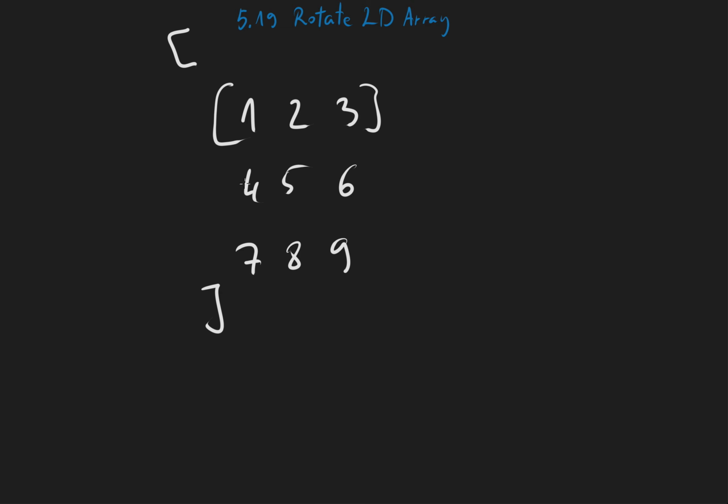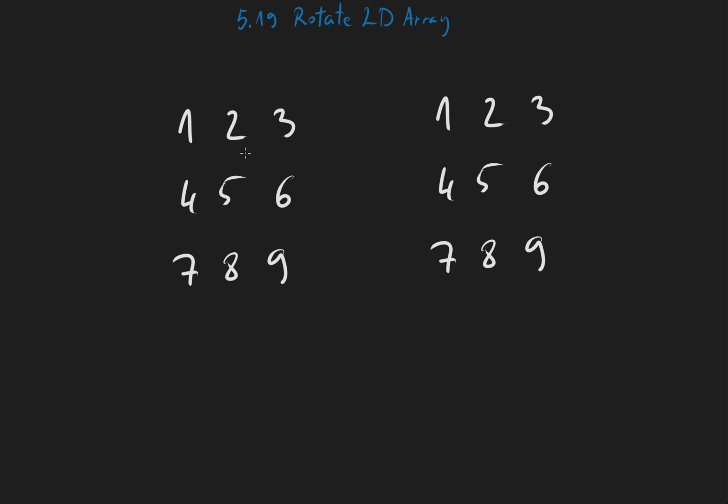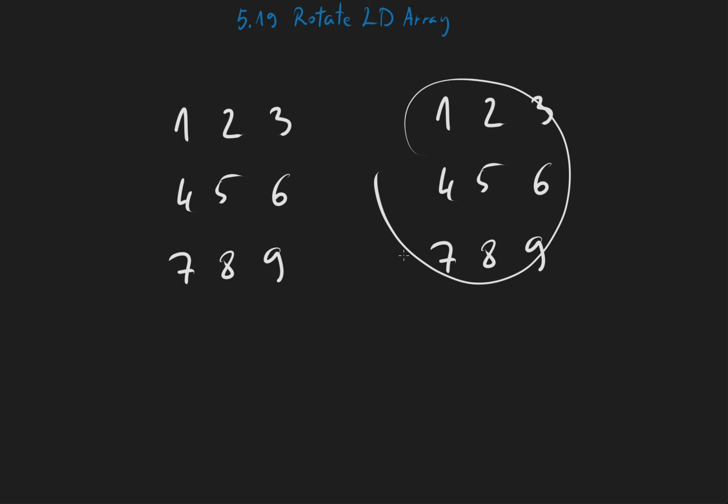So like this, right? And what we need to do is, let's create a duplicate. Space this out a little bit. And what we need to do is rotate this matrix.